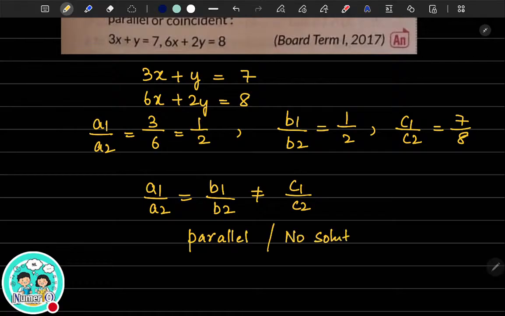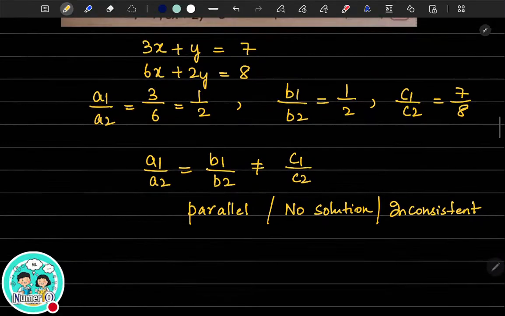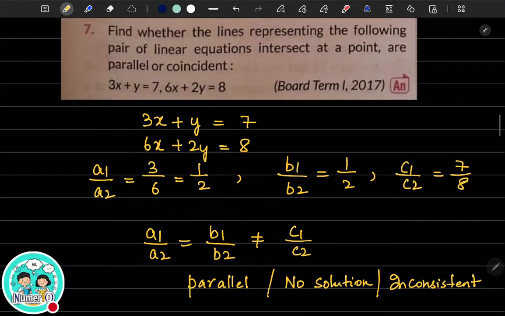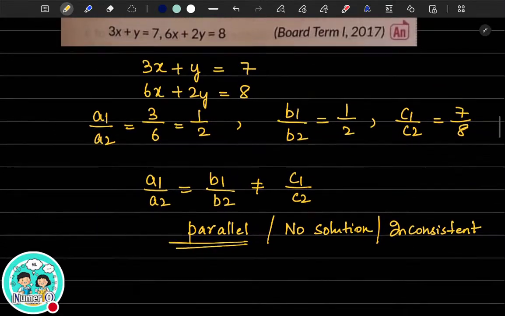No solution. And the system is inconsistent. So these are the three. Therefore the given pair of linear equations are parallel. That's what will be your answer.